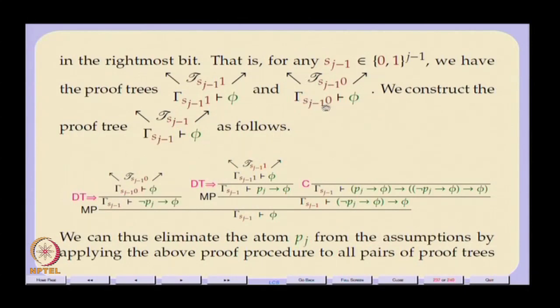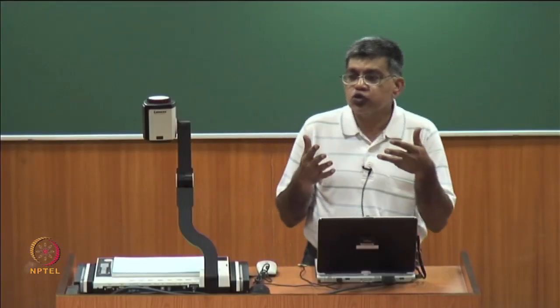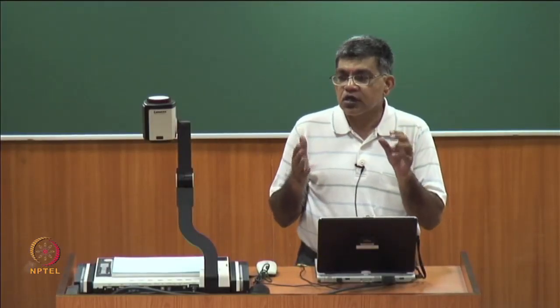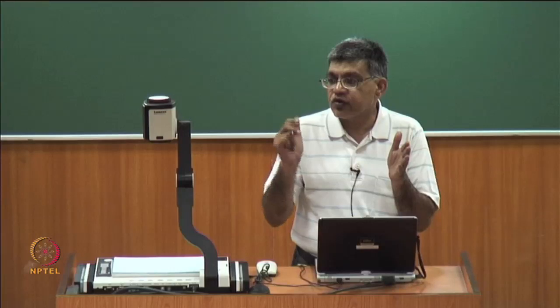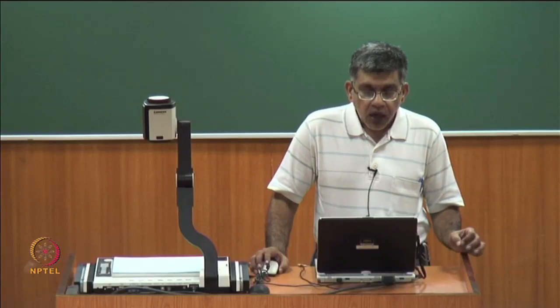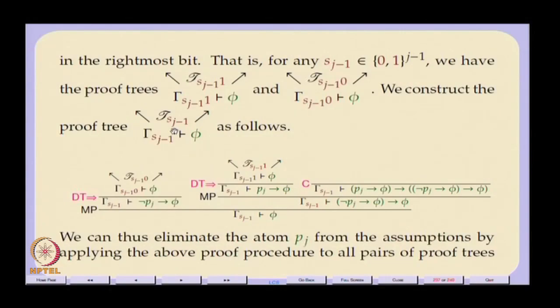So, this is a j length bit string, and this is also a j length bit string, where S j minus 1 is a j minus 1 length bit string, and then you have a 1 or 0. So, essentially we pairwise choose the 2 bit strings which have identical j minus 1 prefixes but differ only in the jth bit, right. What we are then going to construct is a proof tree T S j minus 1 from these 2 proof trees.